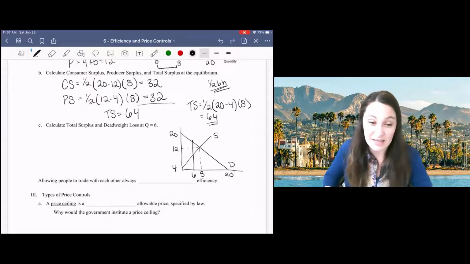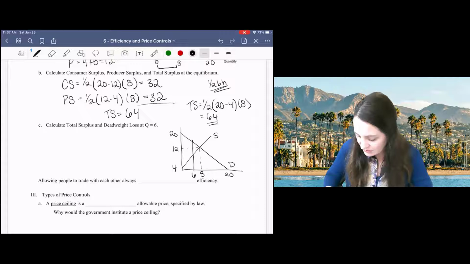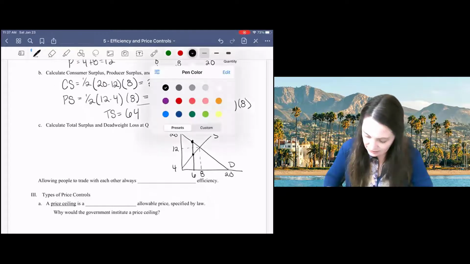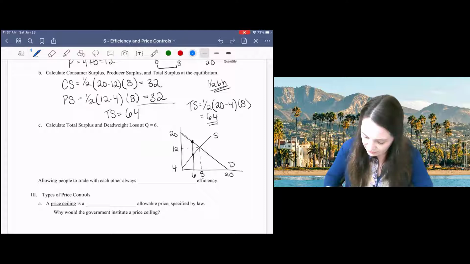All right, so I've reproduced our graph down here. If you want to take a second and do that, go ahead. But basically, we're going to assume that only 6 units are sold in this market. So the quantity that's traded in the market is 6. We get some consumer surplus because some people are buying this good and they value that good quite highly.